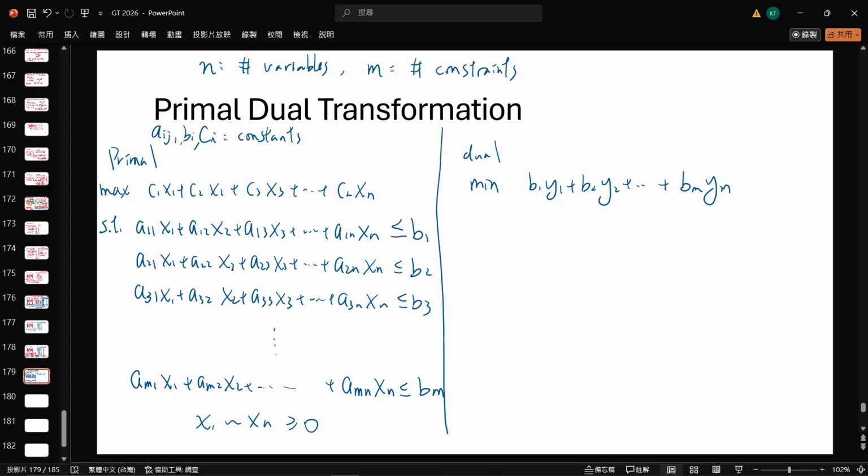And then the constraints. Let's first write down the right-hand side of the constraints. The purpose of the constraints is to make sure that the weighted combination is an upper bound for the objective function here. So we have to make sure that the coefficient of x1 is at least c1, and the coefficient of x2 is at least c2.